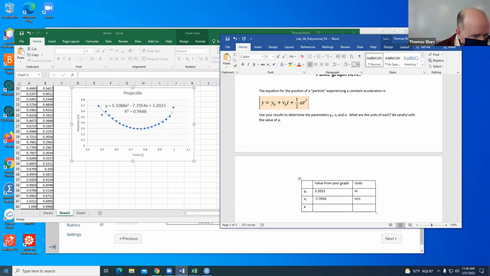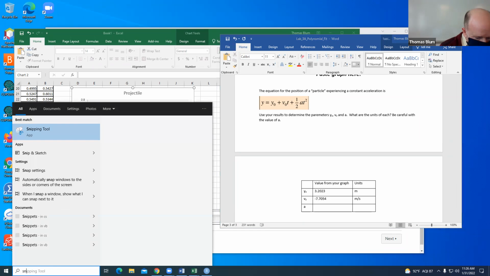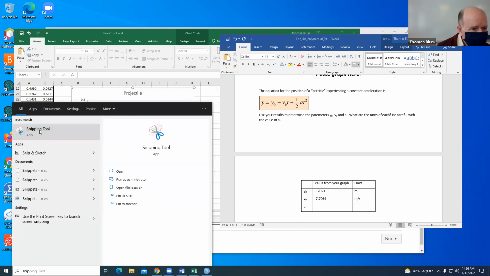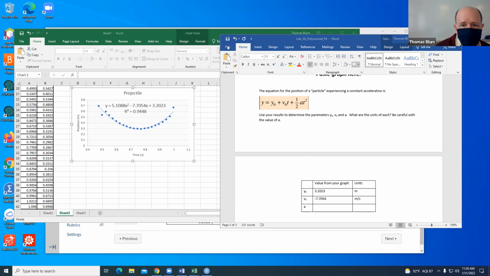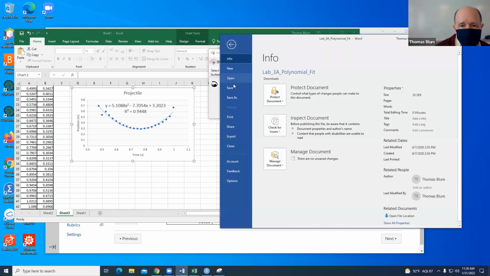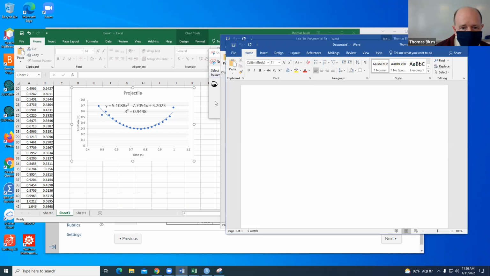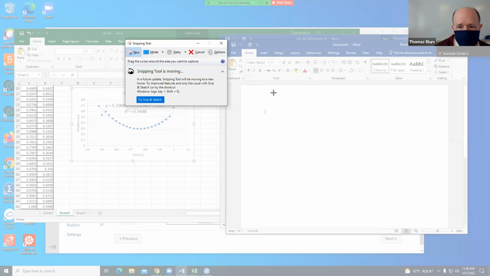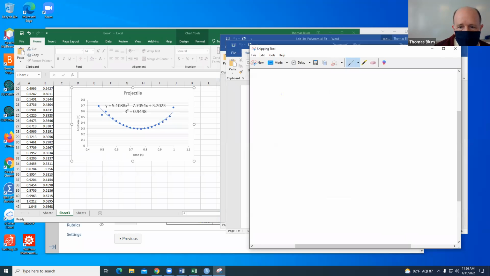So let me do my little snip thing, and open a blank page for a second. And so I have that 5.1088. That number from Excel is 1/2 of a.